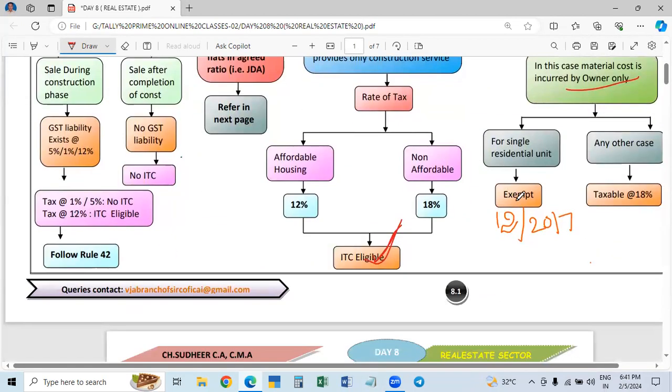then it is exempt. I already told you, in the 11/2017 notification, they gave the one-third land deduction, and the rate is 18%.